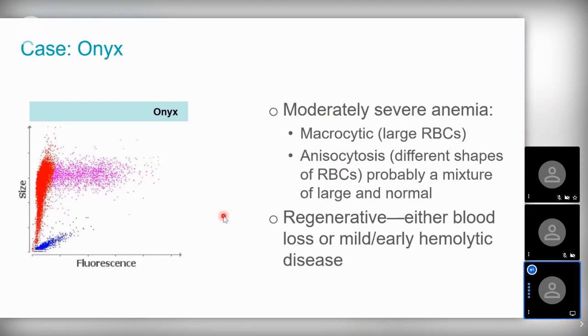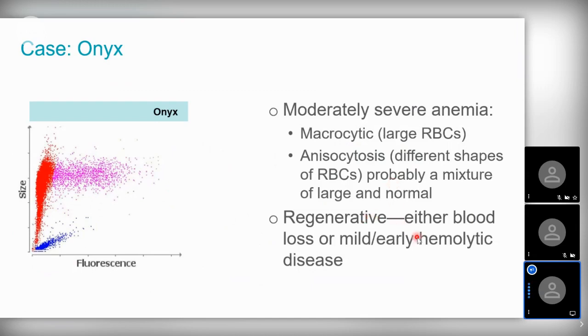So this takes me to the conclusion that this is a moderately severe anemia that is macrocytic, because the MCV is higher. That means the large RBCs are there. And then we see the anisocytosis also. You see the variation in the size of the cells, different shapes of RBCs are there, probably a mixture of very large and normal cells.